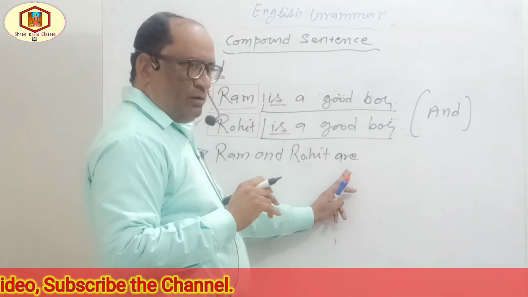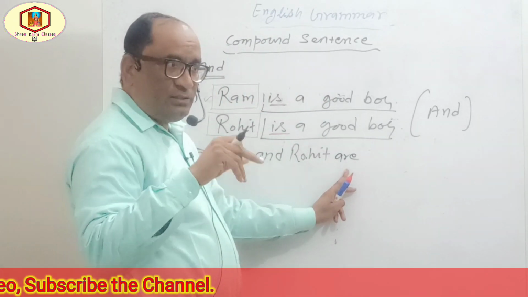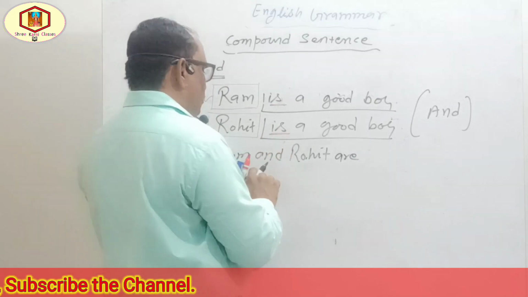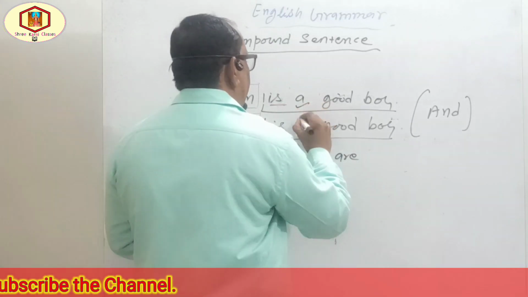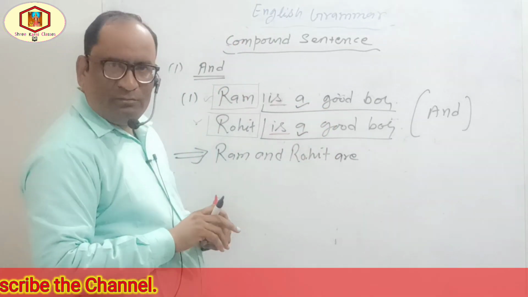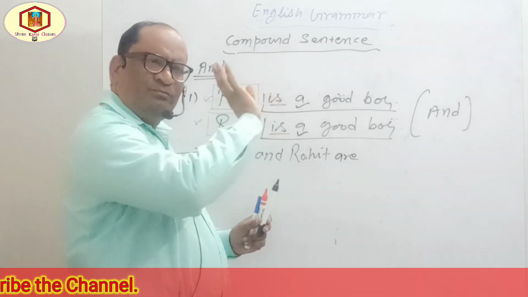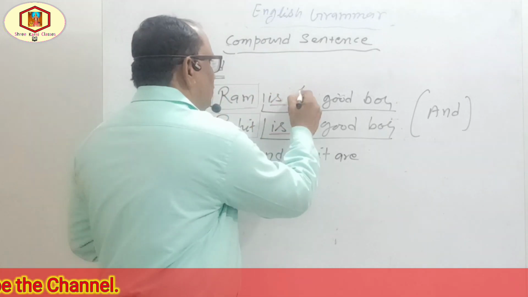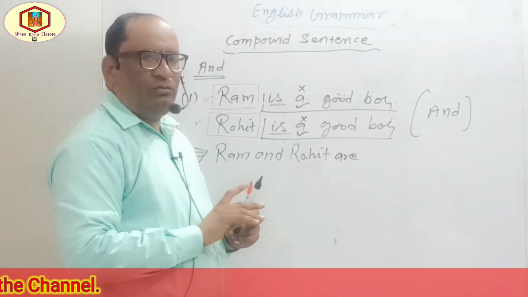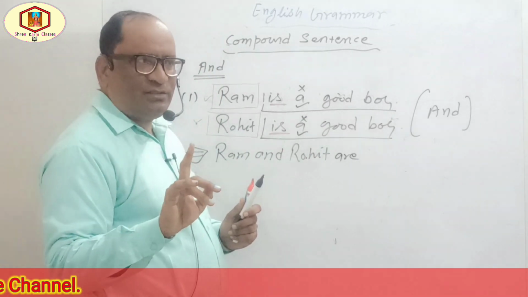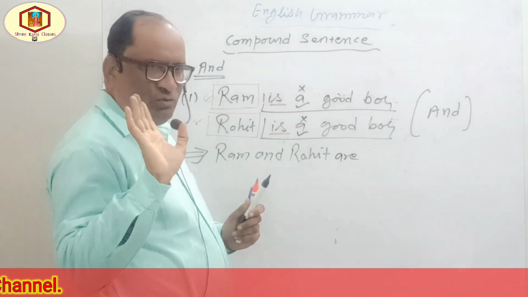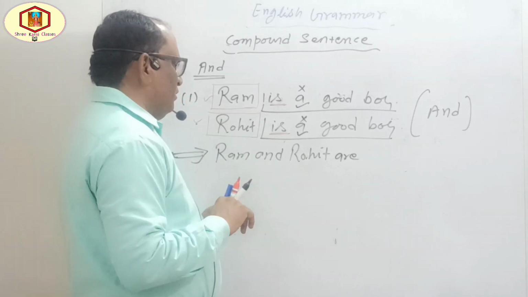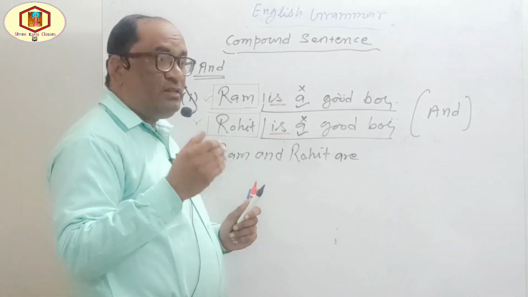Ram and Rohit are. Second note, remove article a or an. We should not write a or an.